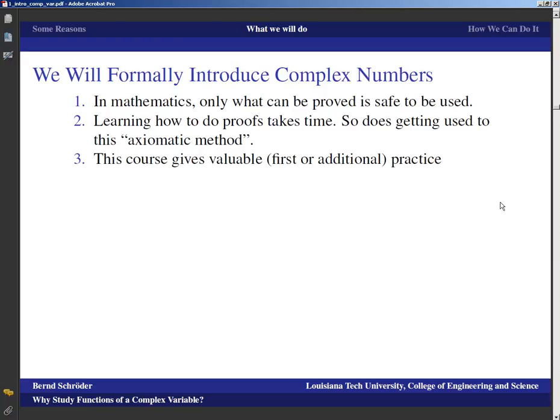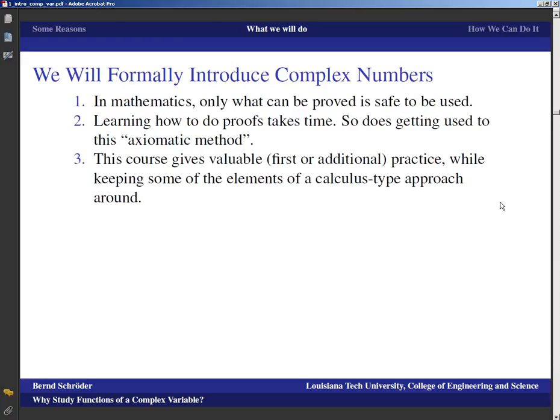The course also gives valuable first or additional practice in calculus, in these kinds of methods, while at the same time we will also keep some of the elements of a calculus type approach around. So that goes along the lines of something that Michael Spivak, a very well-known differential geometer, once said, and that is, computation is good for the soul.